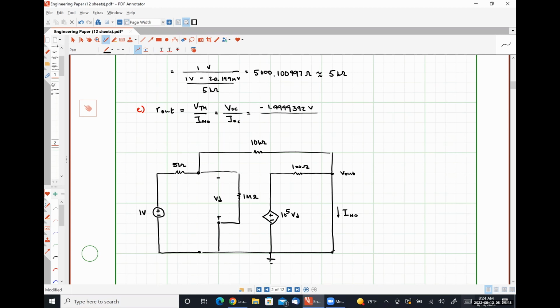So how I'm going to do this is I'm going to say that this current, which depends on VD and therefore in turn depends on the voltage V minus, plus this current, which depends on the voltage V minus, will sum together and form I Norton. To solve for V minus, I'm going to have to apply Kirchhoff's current law at the inverting input node.